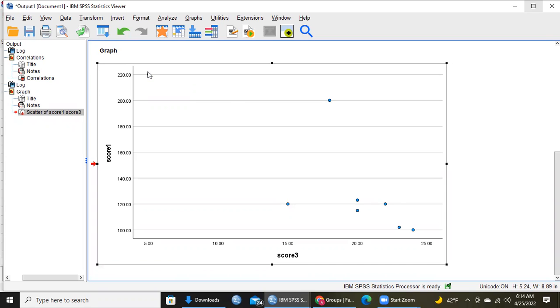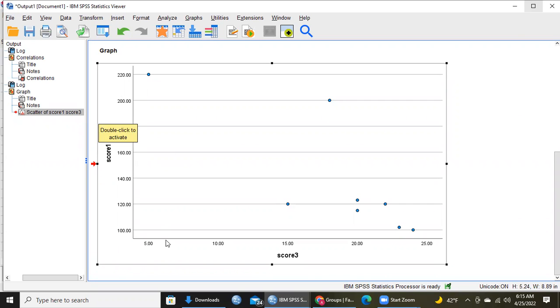See how the dots tend to decrease over time along score 3, okay? Actually, I misspoke.